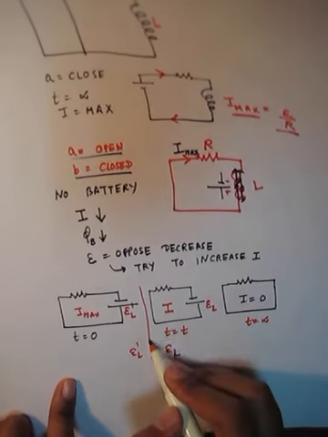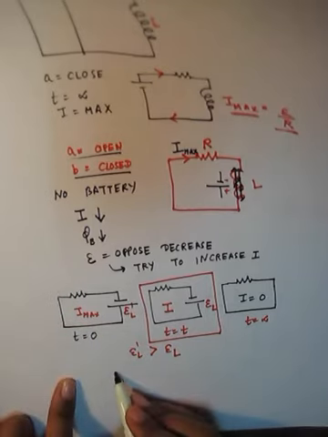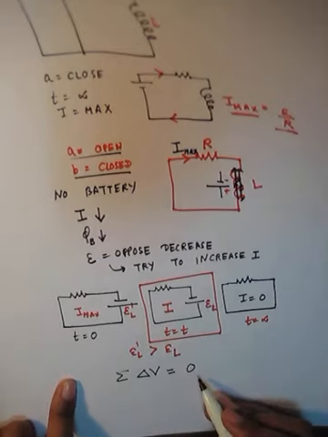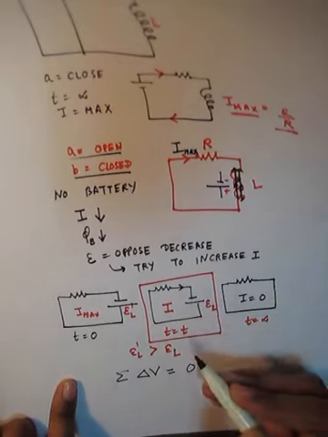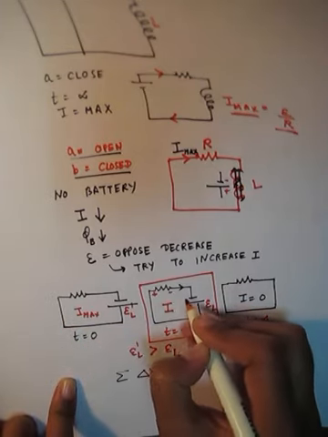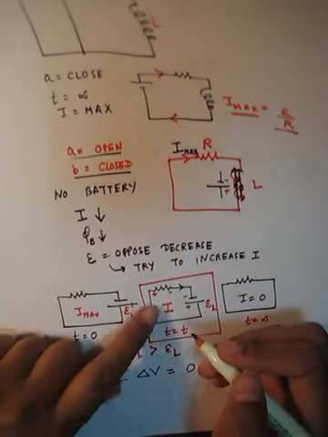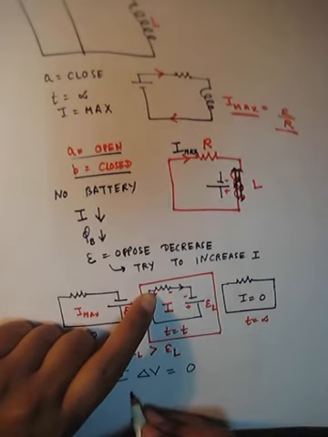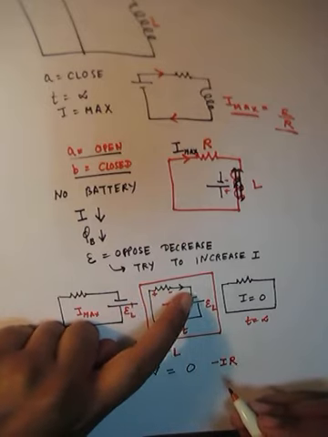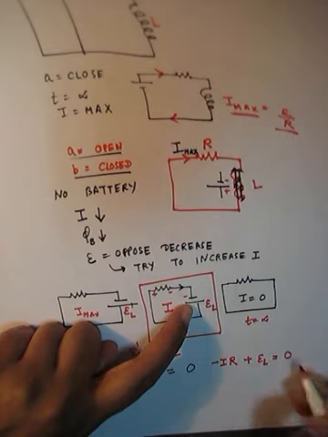So let's try to understand this circuit, and we'll write an equation for it using Kirchhoff's loop rule. The total potential drop should be equal to 0. The flow of current is in this direction, so we'll have a plus here, minus here, plus here. Let's move from here to here: plus to minus, so minus IR, and then from minus to plus, so plus epsilon L will be equal to 0.